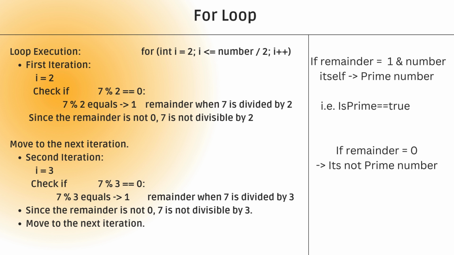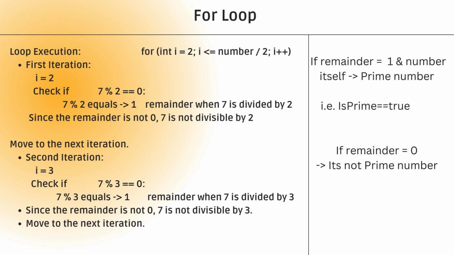Now let me explain with another example. Instead of 7, if you take 10, we know 10 is divisible by 2. So this loop will check whether this 10 is divisible by 2 or not. If it's divisible by 2 and it gives a remainder 0, then it will fail and it will not execute the next iteration.